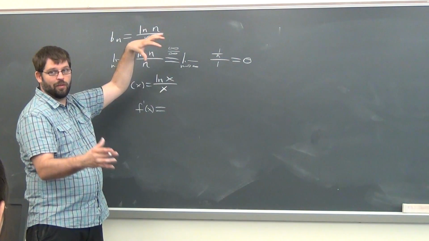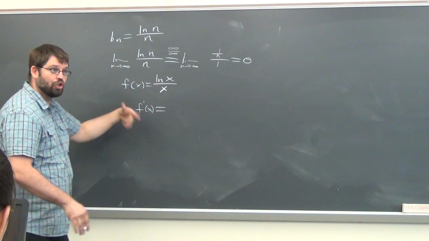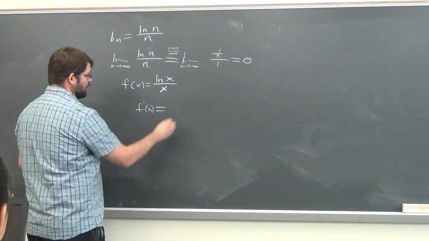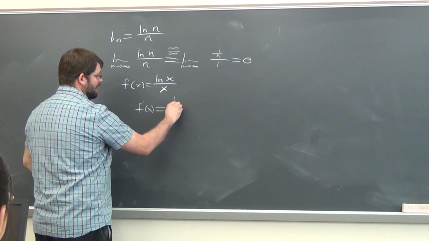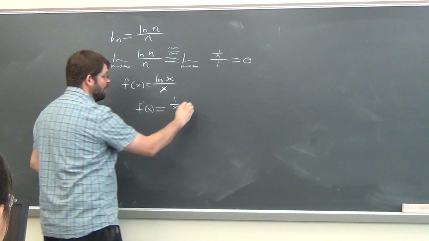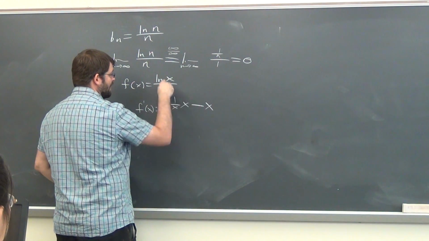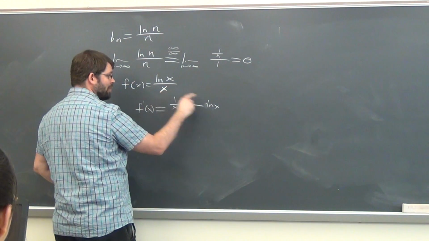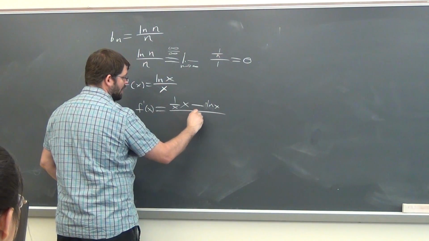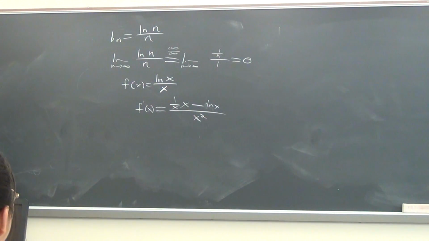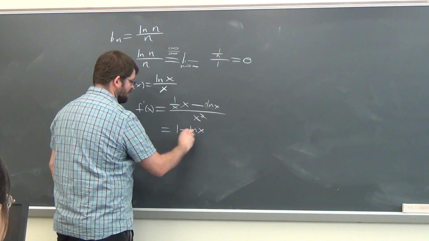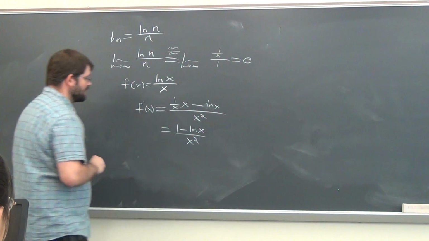The numerators are getting bigger, the denominators are getting bigger, so you should show additional work in this case. So what's your quotient rule? 1 over x times x, minus log x times the derivative of x, and then all over x squared. So you get 1 minus log of x over x squared.